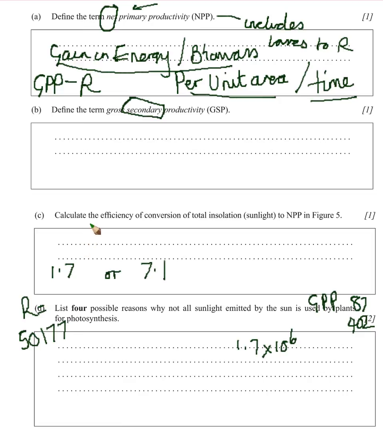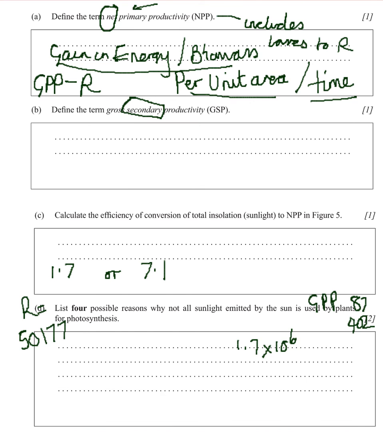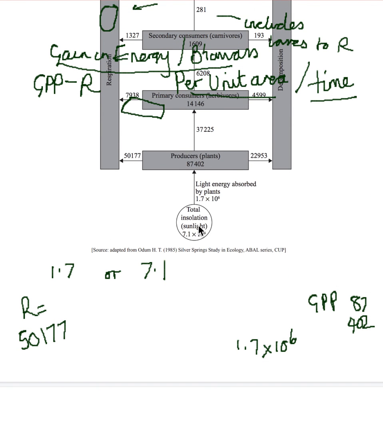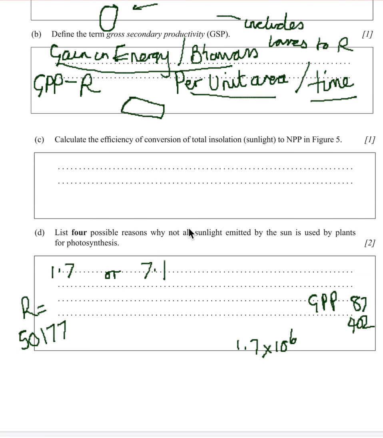Because when we look back up at this, basically this is a flaw of the exam rather than something you need to worry about. But when we look up at this diagram here, it says total insolation of sunlight, but really they wanted to ask you about this 1.7 times 10 to the 6, but they put the question in terms of total insolation of sunlight, which means they have to accept 7.1 times 10 to the 6. So either of those can be okay to talk about.